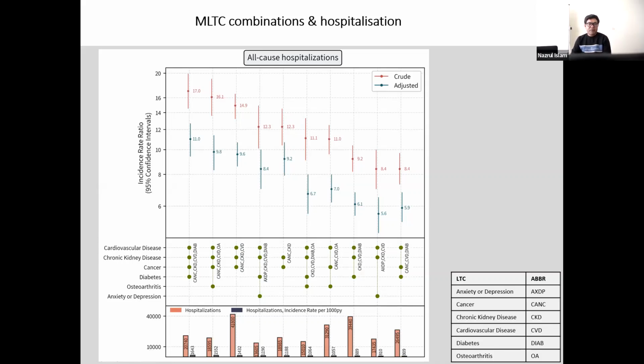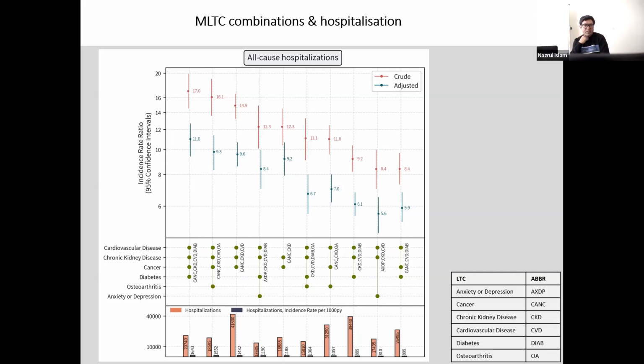We looked into these different combinations. For certain combinations, the hospitalization rate was 1,643 per 1,000 person years of follow-up time, and you have to multiply it by 3 to understand what happened within those 4 months.